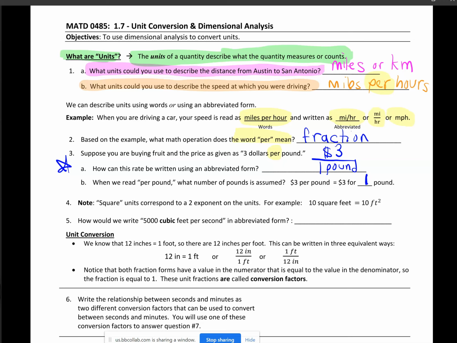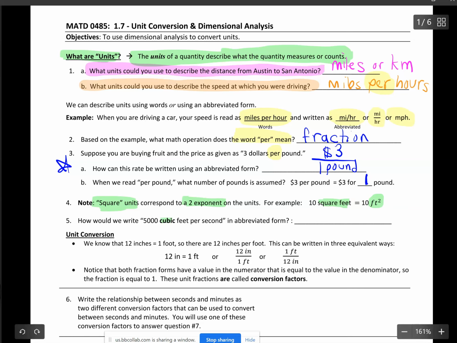Okay, what about this next one here? Oh, yeah, and we did this in 0222, but there are some new students in this class. If you see the word square units, that means an exponent of 2. So square feet would be feet with an exponent 2 on it. When you square, it's an exponent 2.